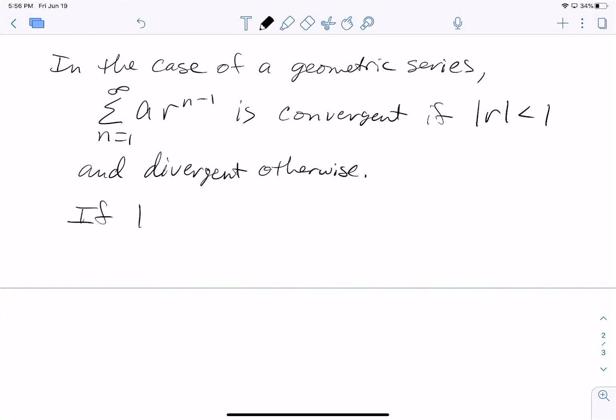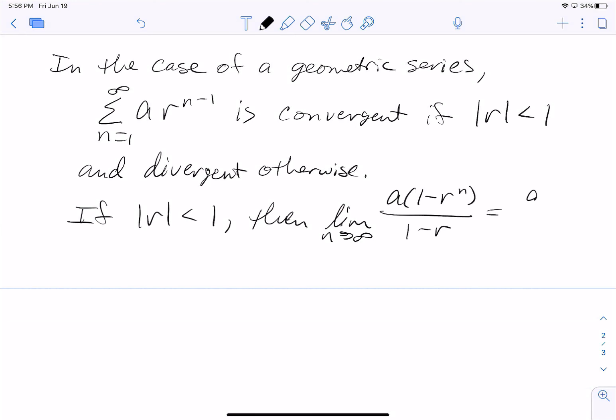That's because if the absolute value of r is less than 1, then the limit as n approaches infinity of a times 1 minus r to the n over 1 minus r becomes a over 1 minus r, because a fraction with a base less than 1 going with an exponent that's going to infinity is going to go to 0. So S is equal to a over 1 minus r.